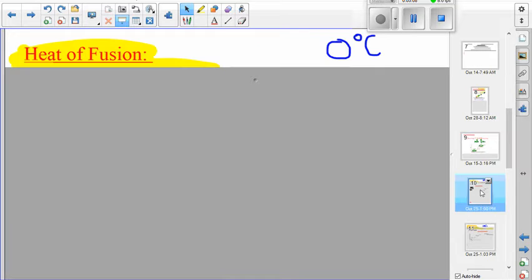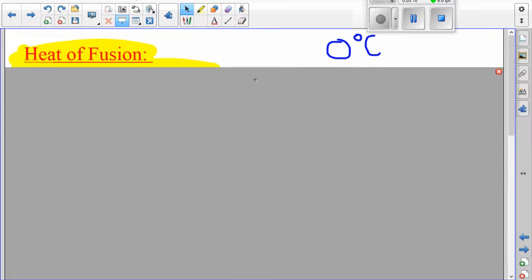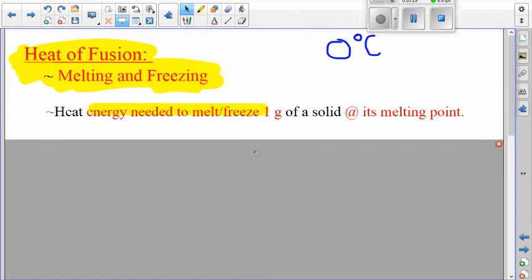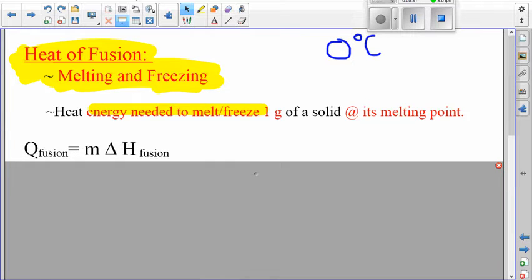To go across the lower bridge, we call that heat of fusion. This is at 0 degrees Celsius, when you're either melting ice or freezing water. The heat energy needed to melt or freeze 1 gram of a solid at its melting point, solid water that is, will be Q equals M delta H, and we say fusion.